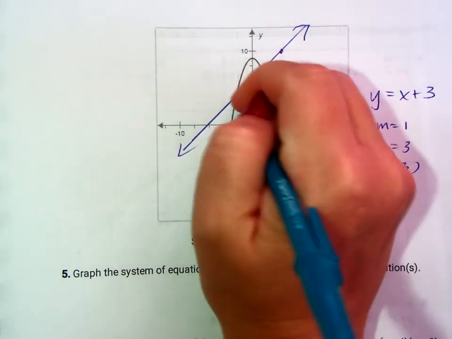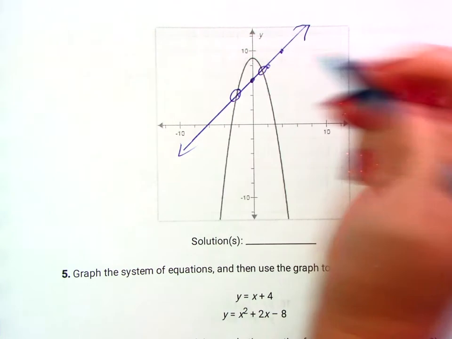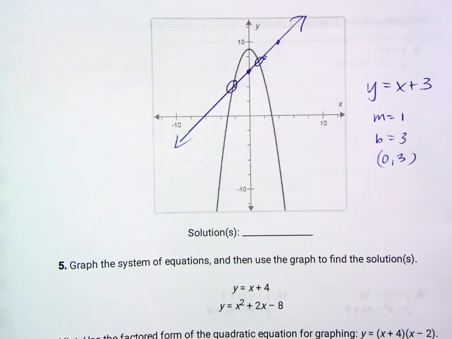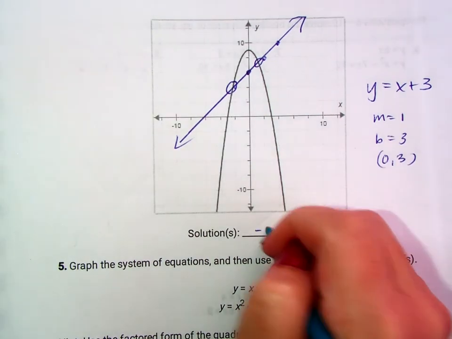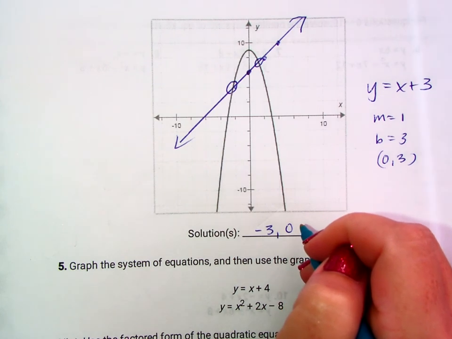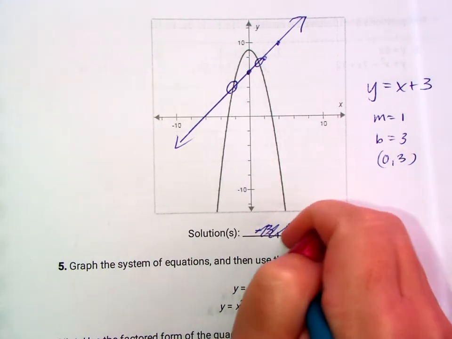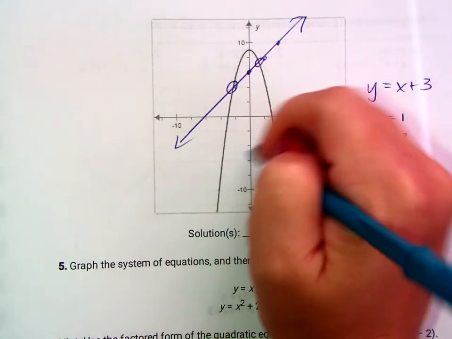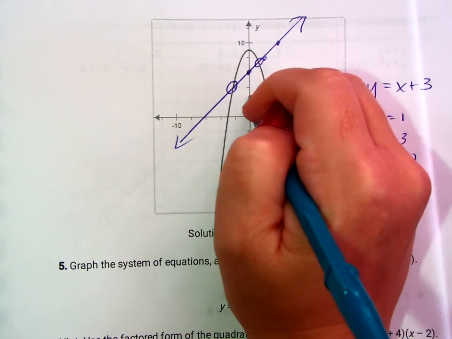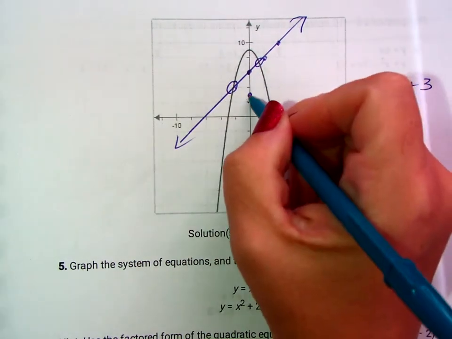And now we can see that the places where these touch are at -3. Oops, you guys see what Miss Sanchez did wrong? These are scaled by 2's again. So 1, 2, 3, 0, 3 would only be right here.